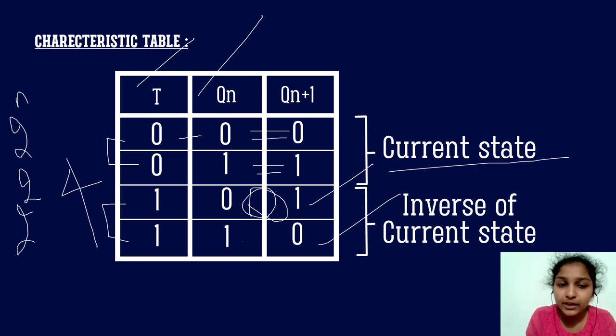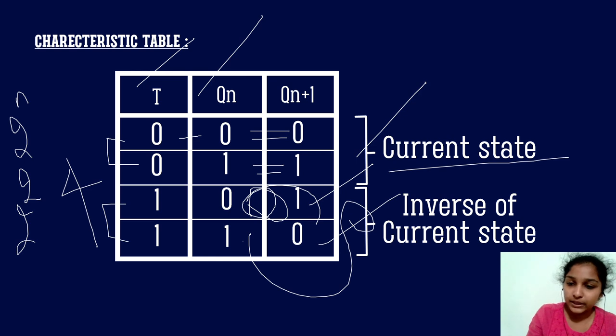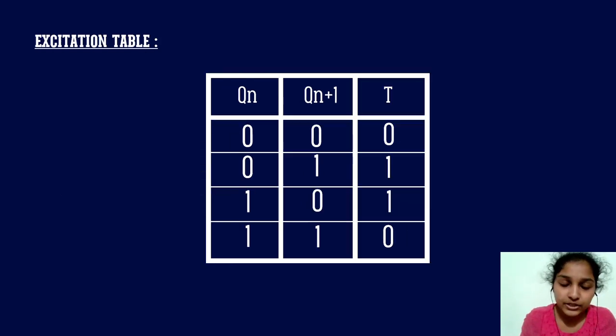And if T is 1, we are getting the complement of the current state. That is it. There is nothing to scratch your head about. For T equals 0, the next state output is the current state, and for T equals 1, the next state output will be the inverse of the current state output.